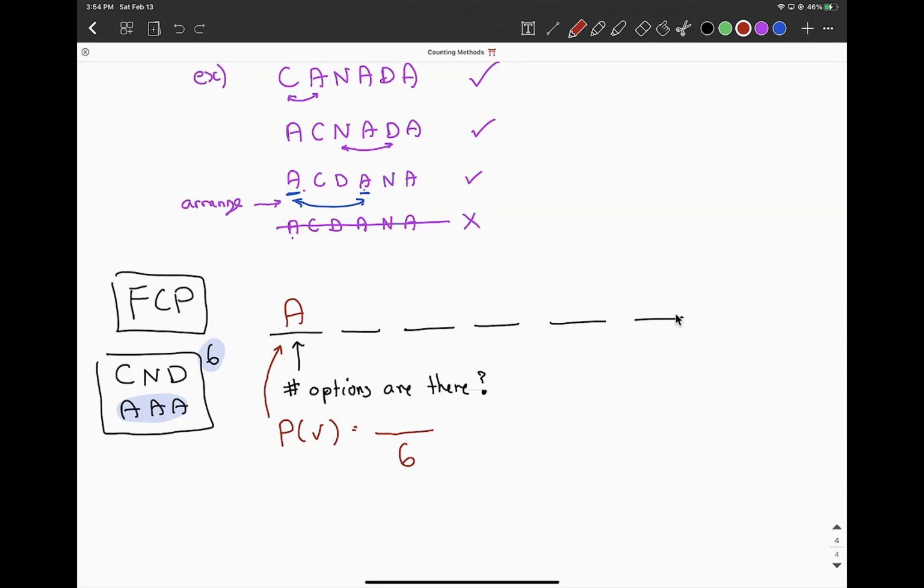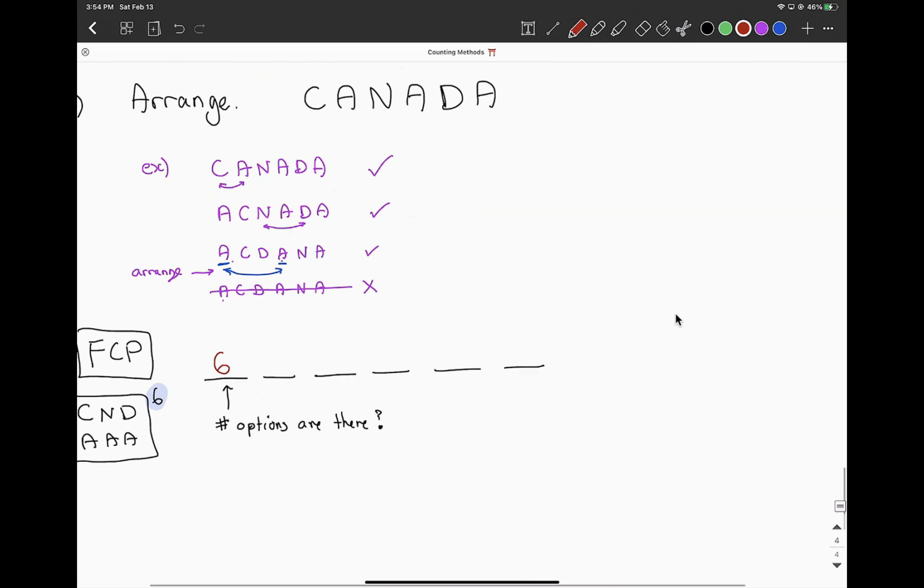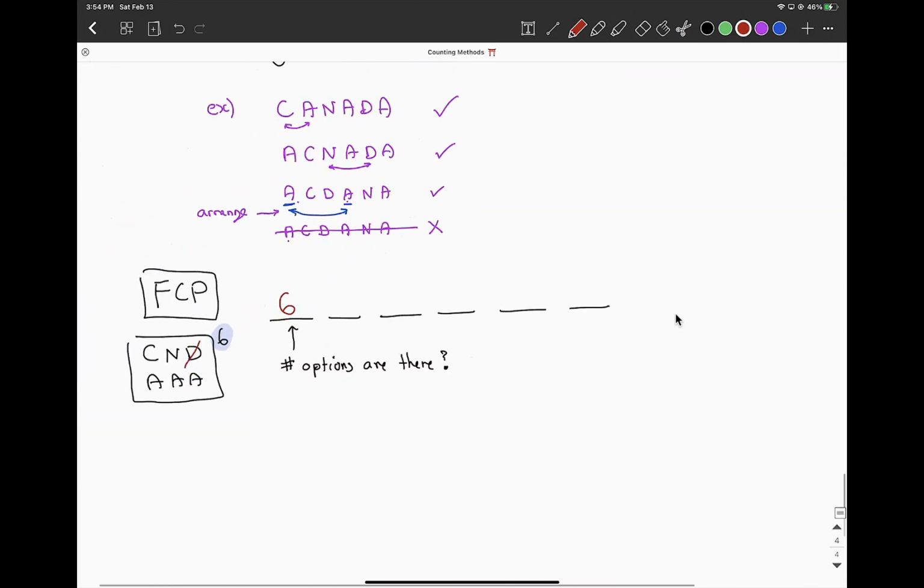So we do have to honor that 6. And I will start off by saying there are 6 elements to pick from. Now I'm including all 3 A's as individual choices, but we'll take care of that later. Once one of them is selected, there's still 5, then still 4, then still 3 and 2 and 1.